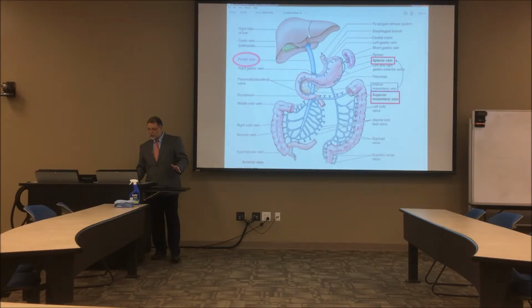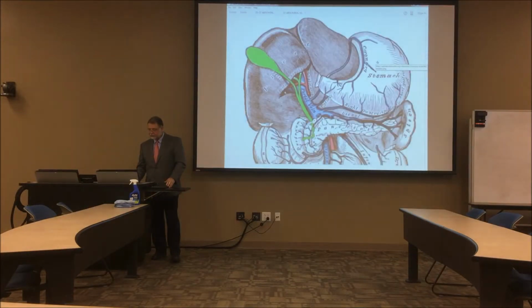But everything that has to do with jejunum, ileum, the ascending colon, and half of the transverse is going to go into this superior mesenteric vein. And again, the stomach, pancreas, and spleen are coming from the splenic vein. This word lienal is also for splenic. So the splenic vein and the superior mesenteric vein are going to form the portal vein here.